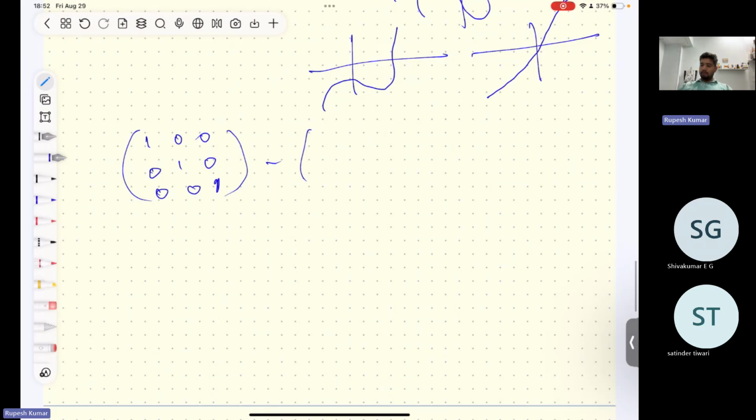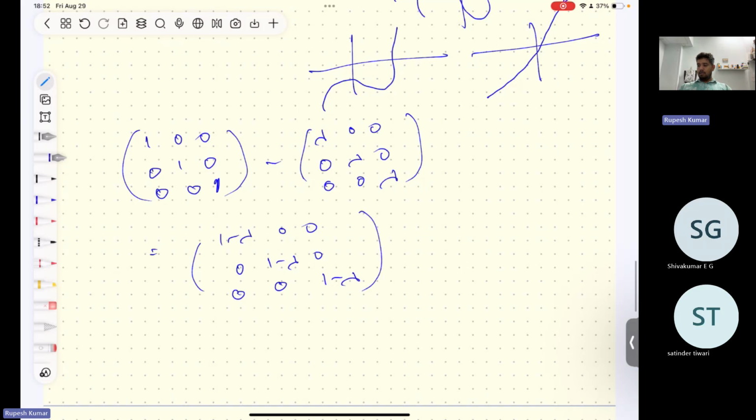So we compute the determinant of I minus lambda I, which is 1 minus lambda cubed. When you set it to 0, you get lambda equals 1 three times. So you have three real, same eigenvalues for this identity matrix.